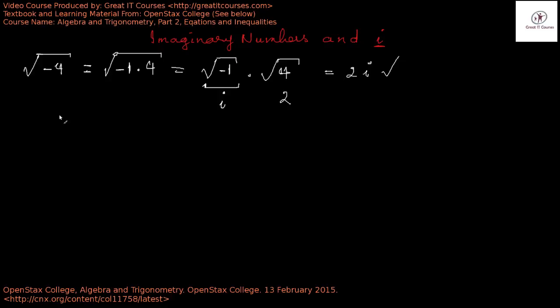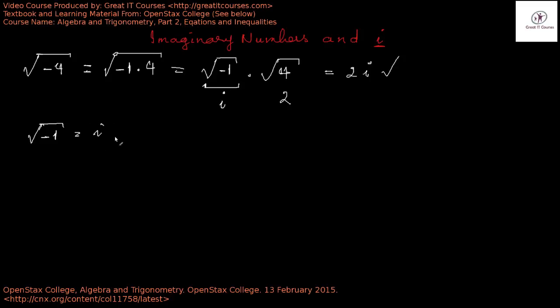Now here, as you can see, I have defined the square root of minus 1 as i. So now we have defined i, and our problem seems to be solved. We said that i is an imaginary number.